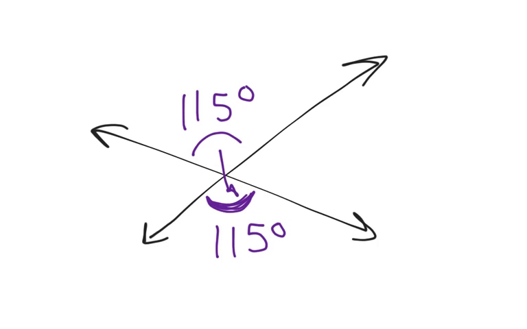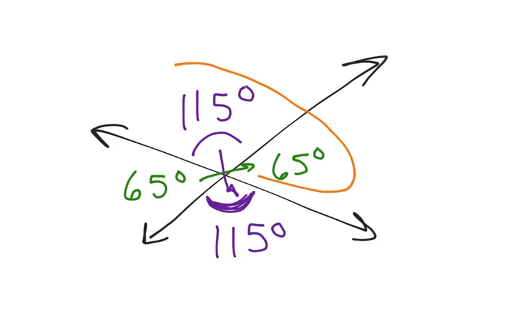Now, if I combine the two together, this one was 65 degrees, and the angle opposite it is also 65 degrees. Well, when I look at this, I should be able to see that these two angles that are side by side, that form this angle here and this angle there, should equal, what you learned already, 180 degrees because it forms a straight line.